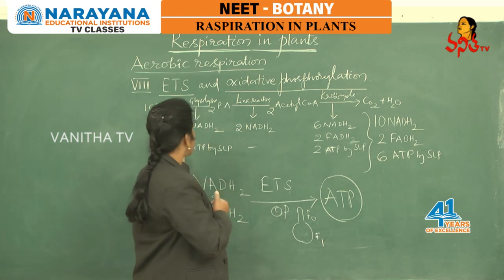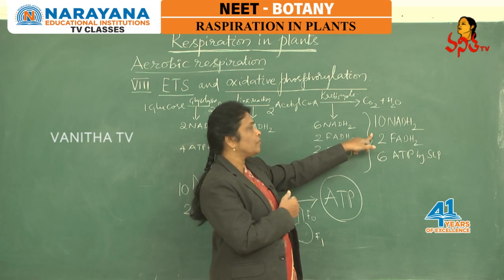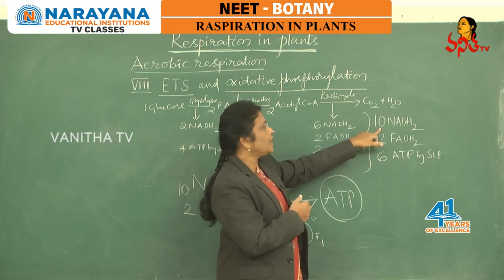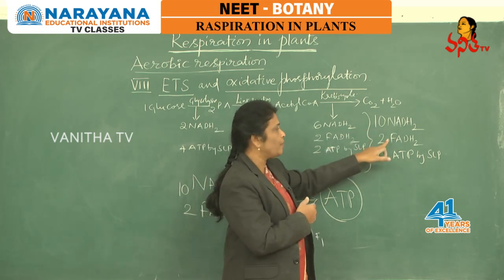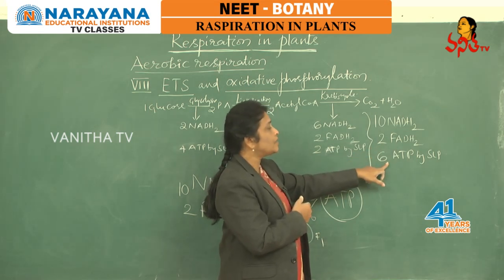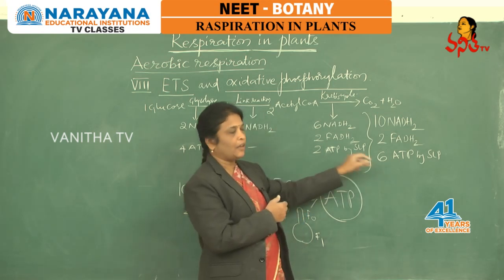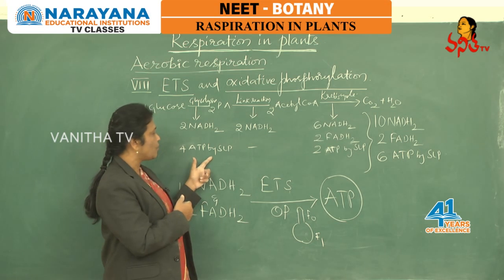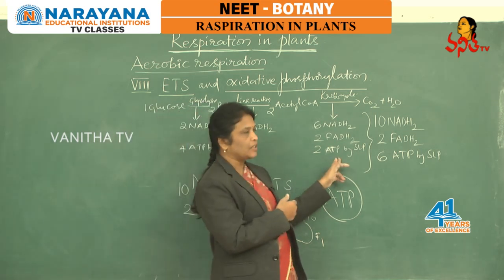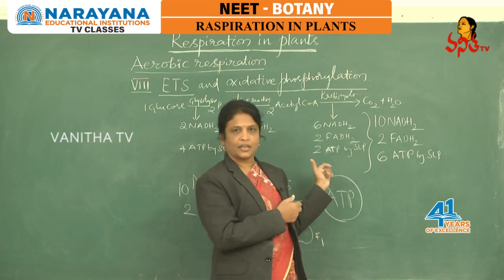For one glucose, as we calculated, by the complete breakdown by the end of Krebs cycle, 10 NADH2 molecules are added to the matrix, 2 FADH2 molecules are added to the matrix and 6 ATP are formed by SLP. Of those 6 ATP, 4 ATP are formed during glycolysis, whereas 2 ATP, in the form of GTP, are added to the matrix during Krebs cycle.